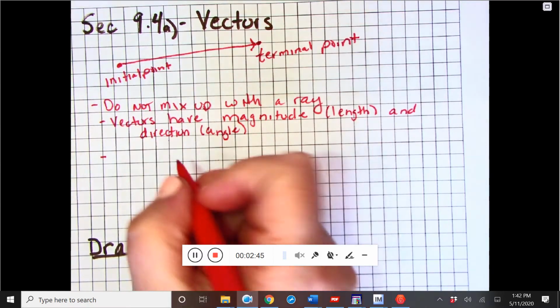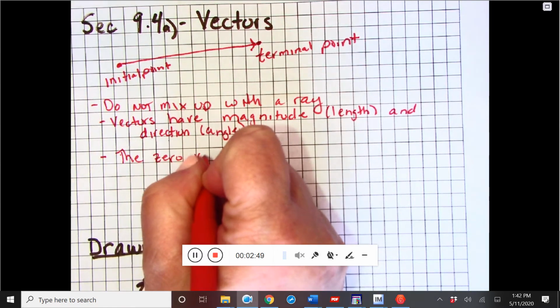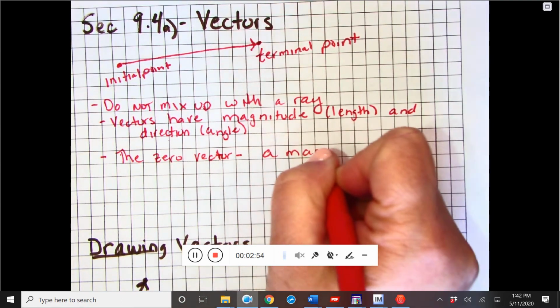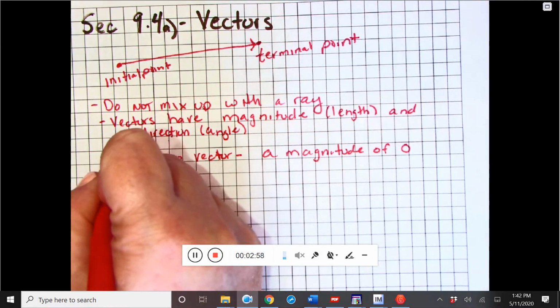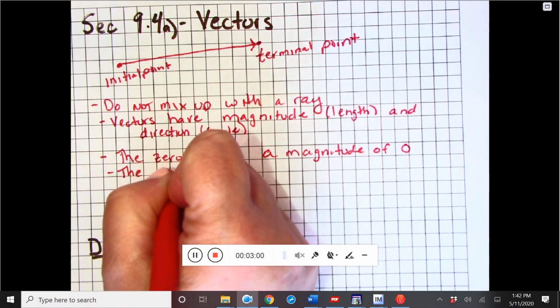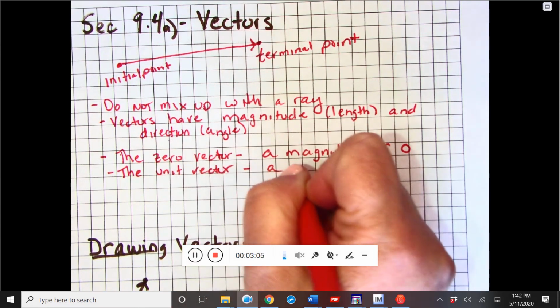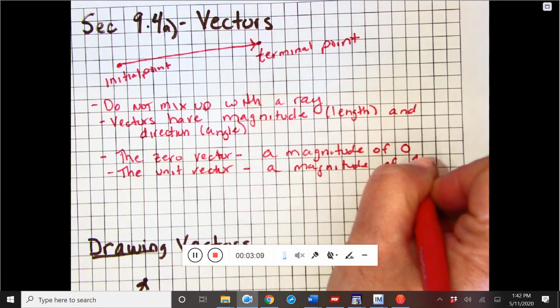There is something called the zero vector. The zero vector has a magnitude of 0. And then there's something called the unit vector, which has a magnitude of 1.